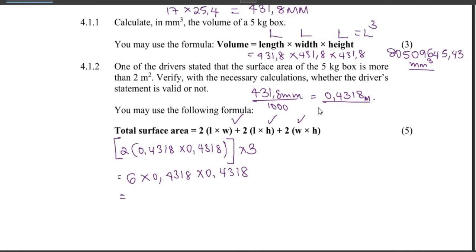So the 6 I'm getting from 2 times 3. That's where I get the 6 from. Then this other one here remained. That's why you see this.